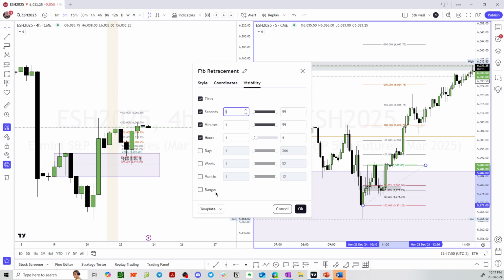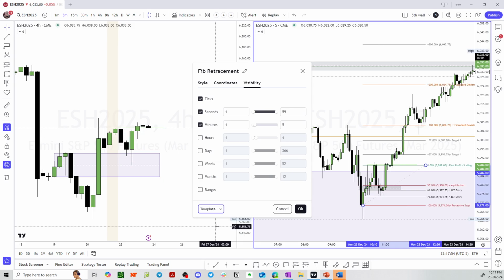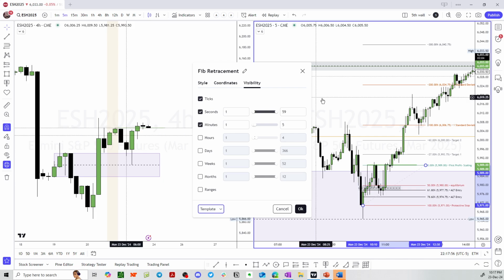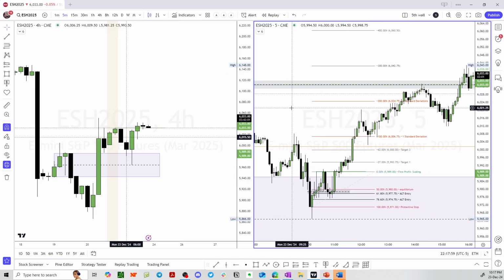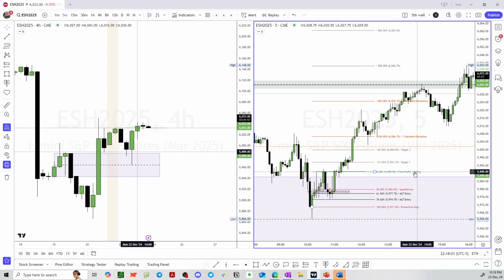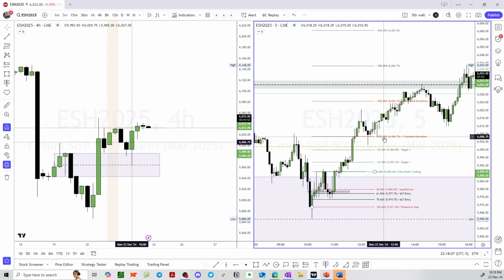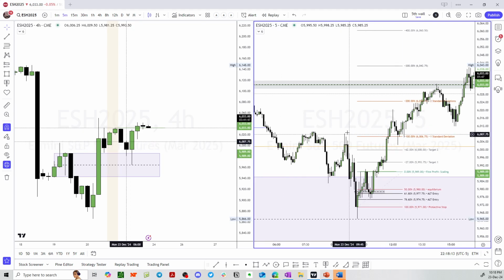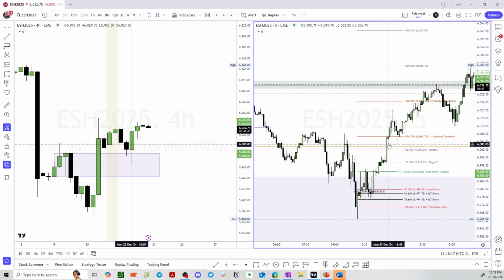Hold on. 5 minutes, I think okay. And, all right, it's only on the 5 minute now. All right, so 61.8. First profit, target 1, target 2, 1 standard deviation. You see price holding that level, holding this level technically. You're not gonna rely on fib levels, but right, broke this, pull back into this imbalance.